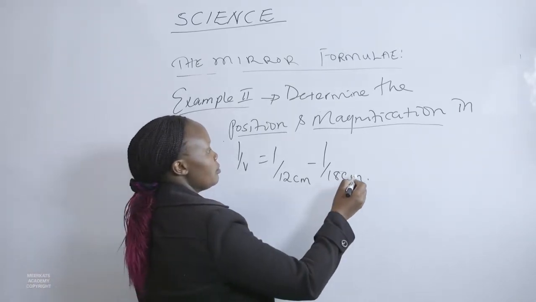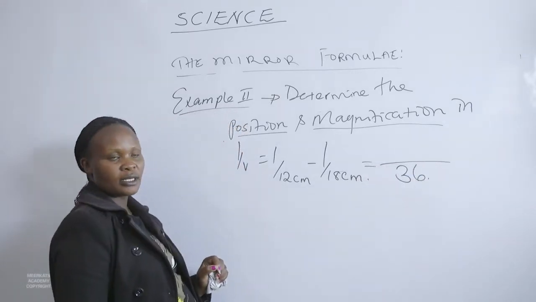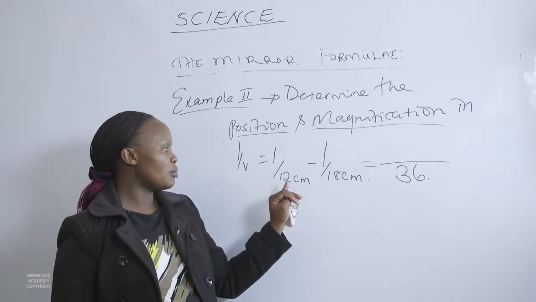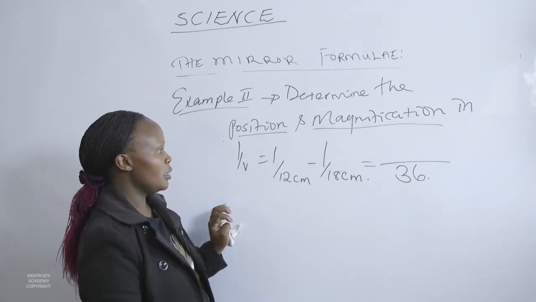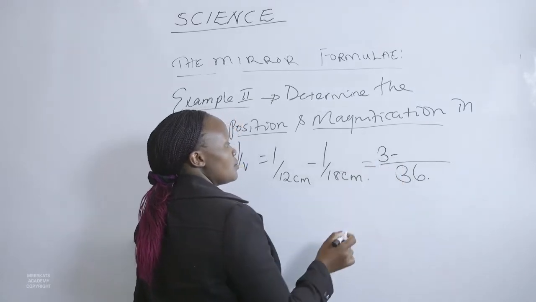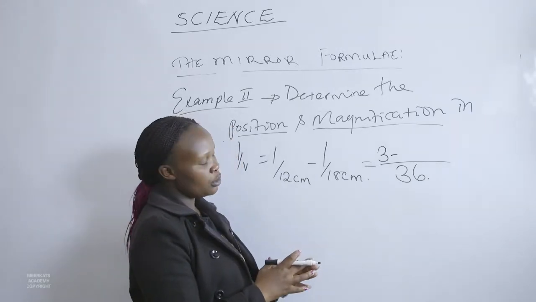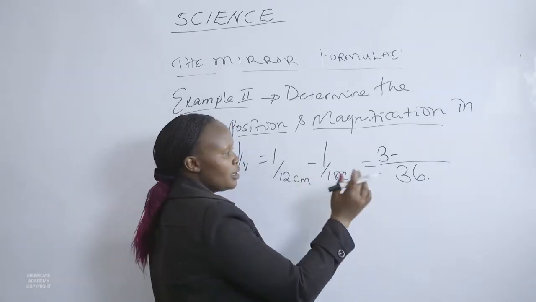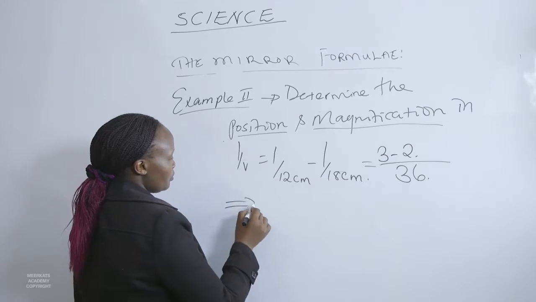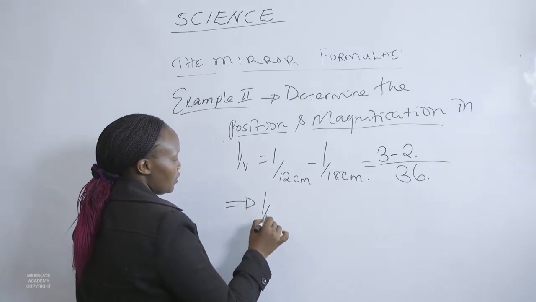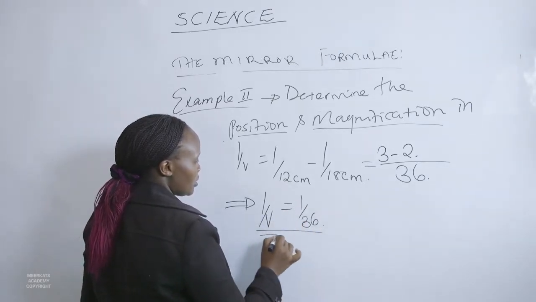And we get the LCM. In our case here, the LCM is going to be 36. 36 we divide by 12, which becomes 3. Multiply by 1, 3 remains. 36 divide by 18 will give us 2. 2 multiplied by 1 gives us a 2 again, implying that 1 over V is going to be given by 1 over 36.